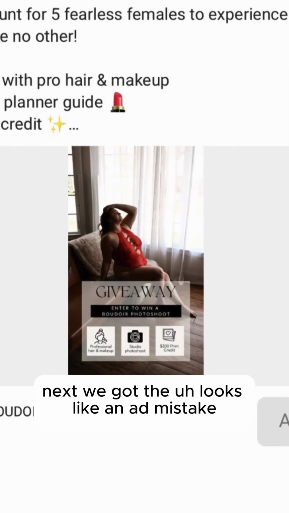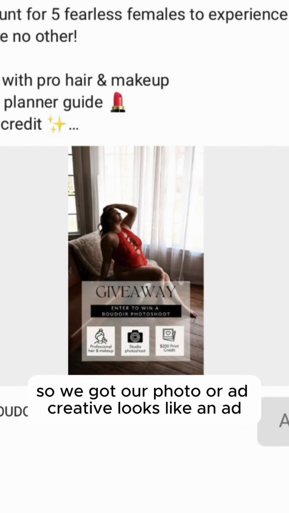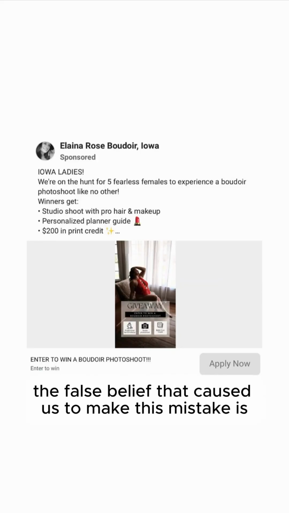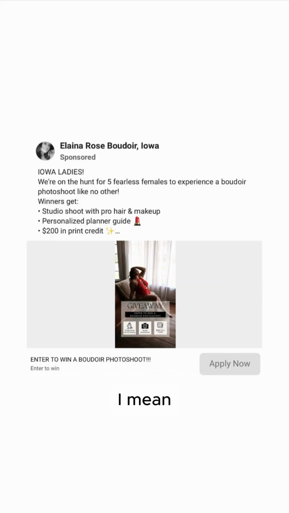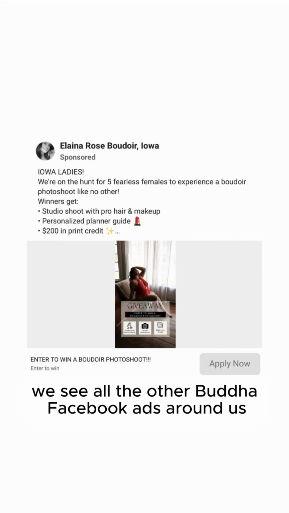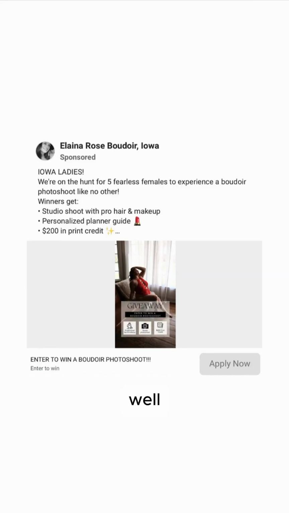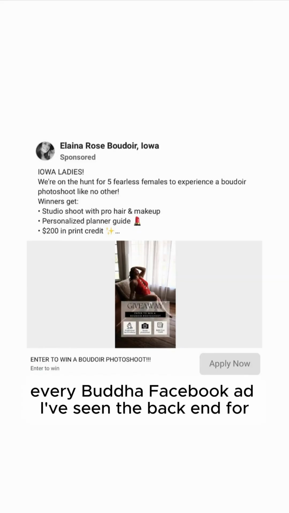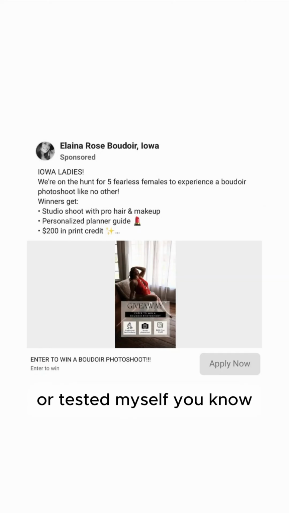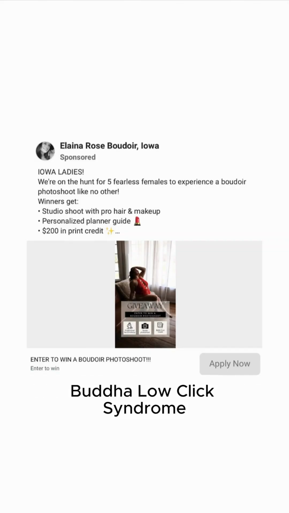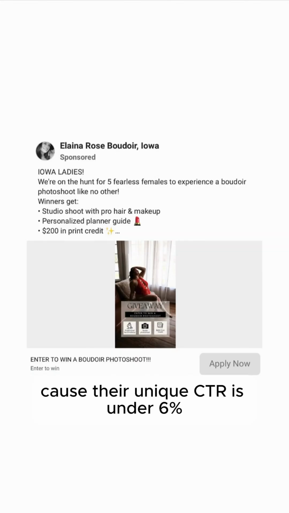Next, we've got the looks-like-an-ad mistake. So our photo or ad creative looks like an ad. The false belief that caused us to make this mistake is, we see all the other Boudoir Facebook ads around us. They all look like ads. So everyone can't be wrong, can they? Well, every Boudoir Facebook ad I've seen the back end for, or tested myself, 100% of them has had BLCS, Boudoir low click syndrome, because their unique CTR is under 6%.